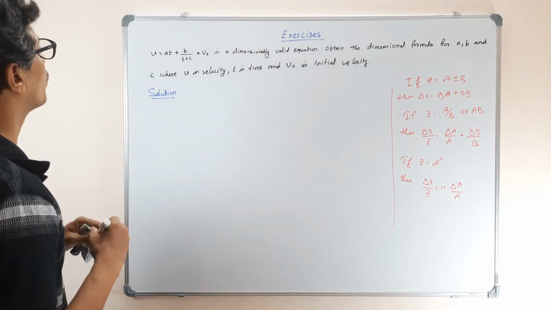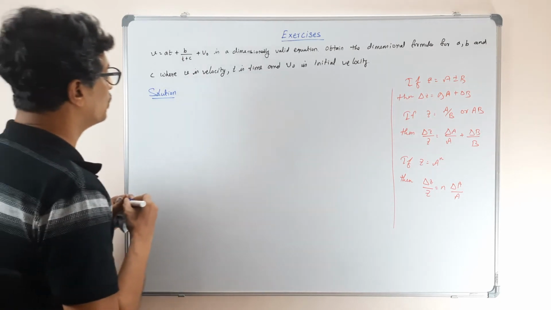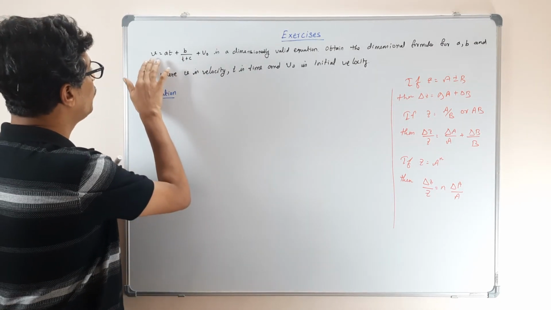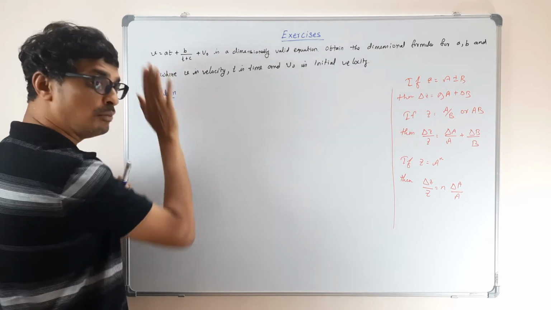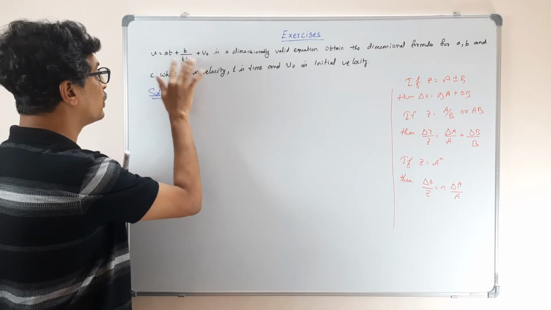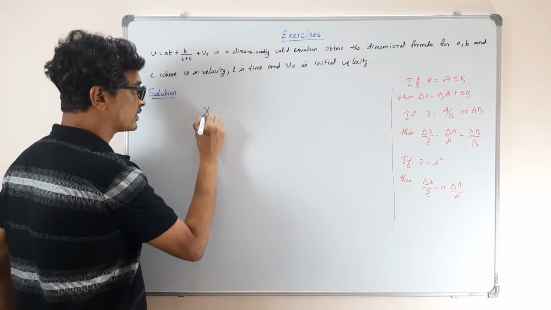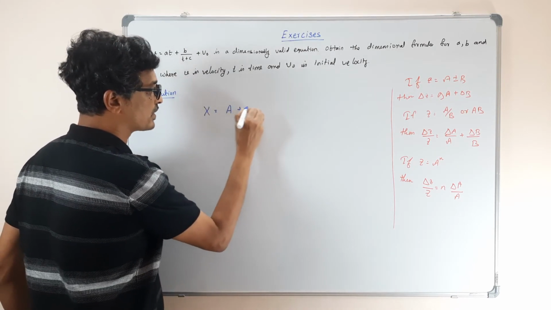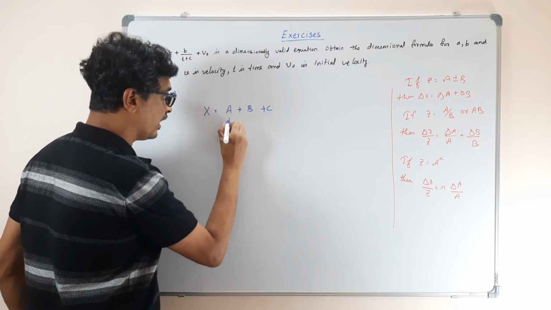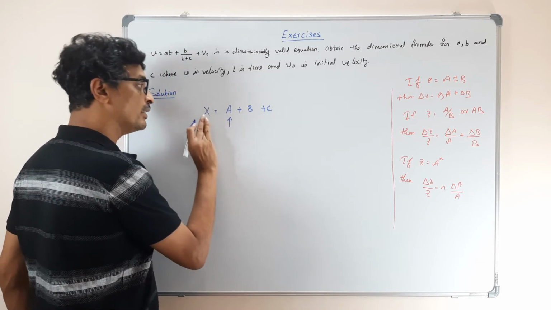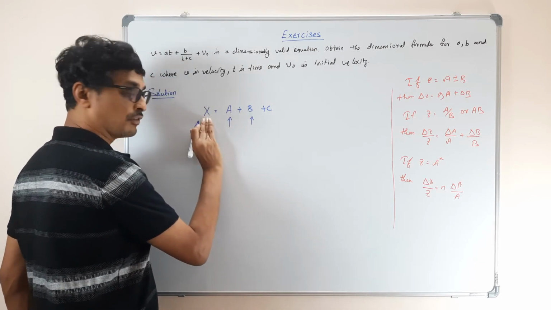So how will we solve this problem? If you remember, I told you, if the formula has different terms, all terms should have the dimension equal to the LHS. Means what? If I write x is equal to a plus b plus c, something like this, then the dimension of a should be the dimension of x. Similarly, the dimension of b also should be the dimension of x.